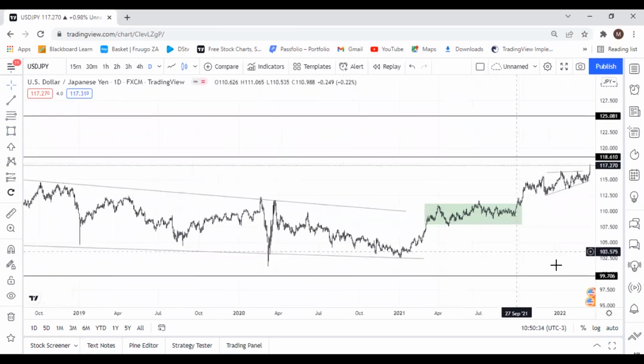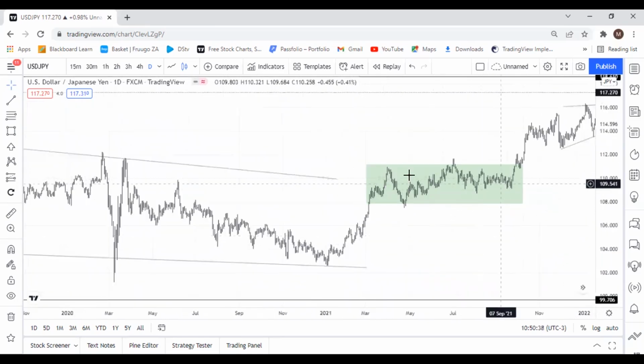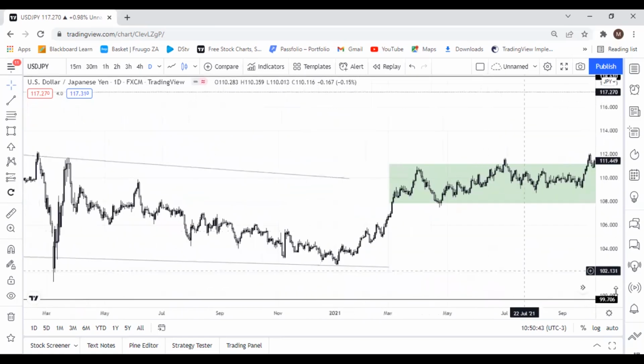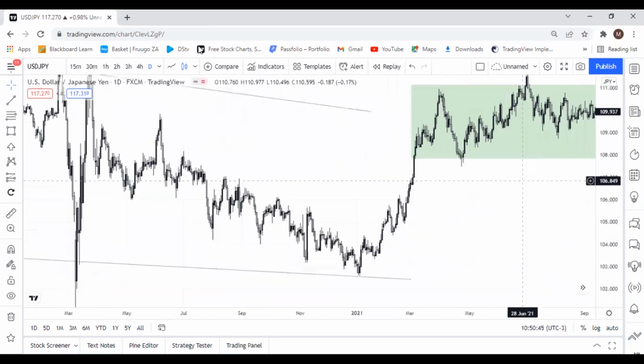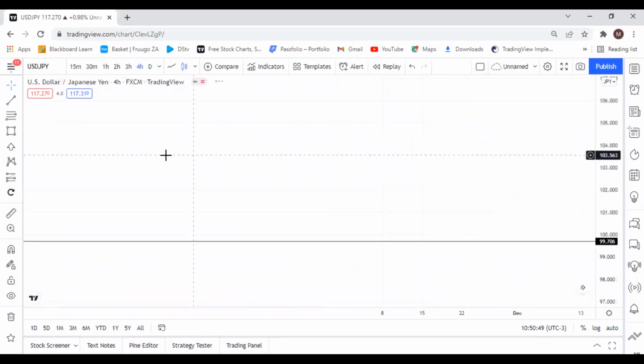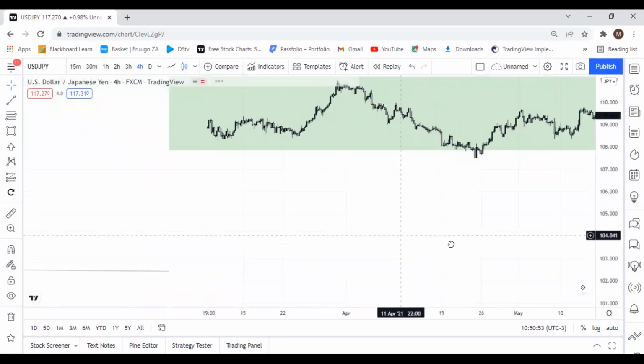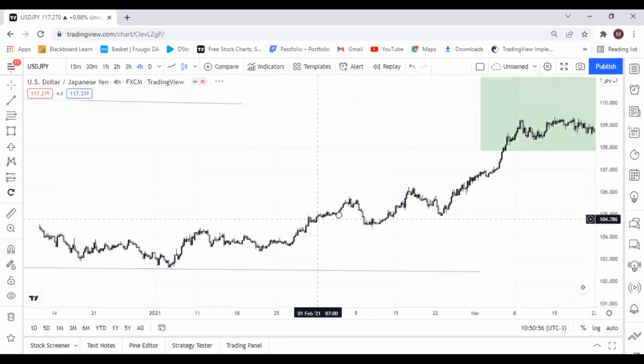Because I remember a month ago or so, I took this trade, but then I went out when this correction formed, reason being is I spotted this. There was a correction here. There was a very good correction. It was an impulse and a correction.